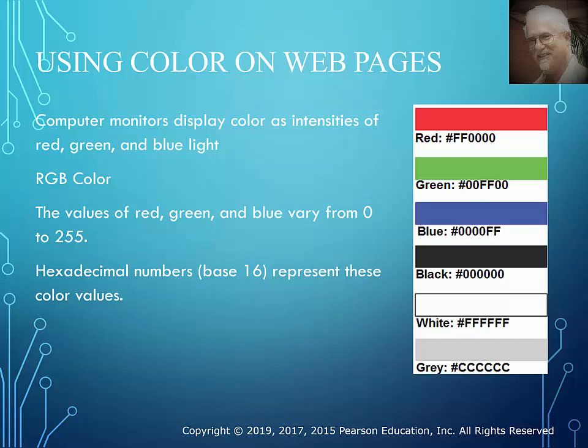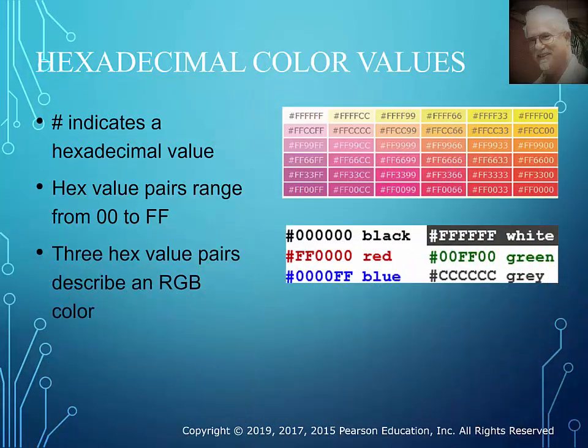Look at all the different colors you have here. Again, you can use English or hexadecimal. Hexadecimal begins with a hash mark. There are charts all over the place you can refer to. They're always in pairs, RGB.